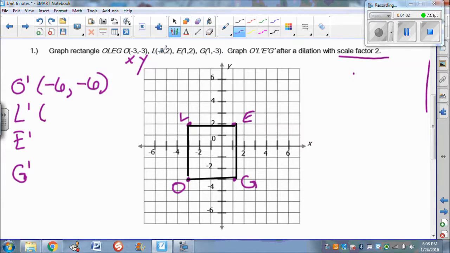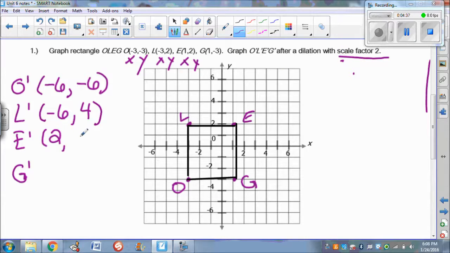What happens with L? I've got to multiply the x and the y by my scale factor of 2. Negative 3 times 2 is negative 6. And what is 2 times the scale factor of 2? 4. Let's do the same thing with E. Multiply the x, that 1, by the scale factor of 2, and multiply the y, which is 2, by the scale factor of 2.